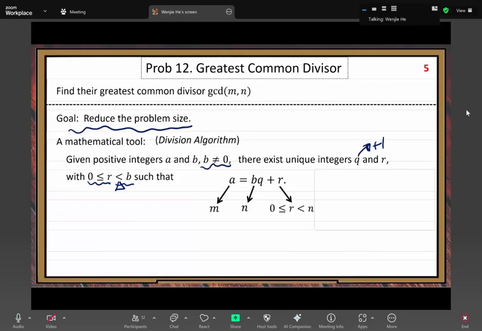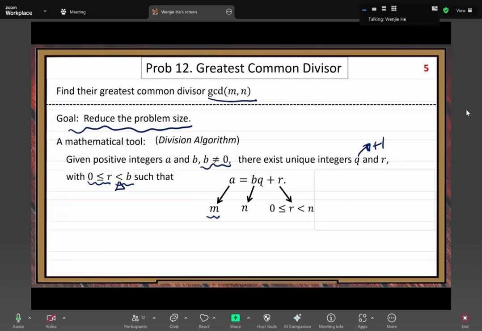Now in our current problem, when we apply this division algorithm, A corresponds to m and B, the divisor, corresponds to n. So we use n as the divisor. Then we need to find the appropriate corresponding quotient number and R number.